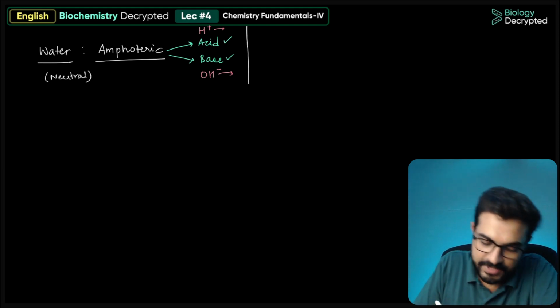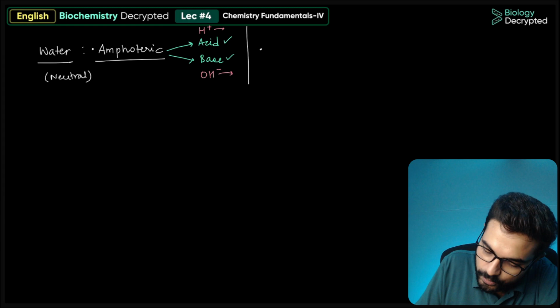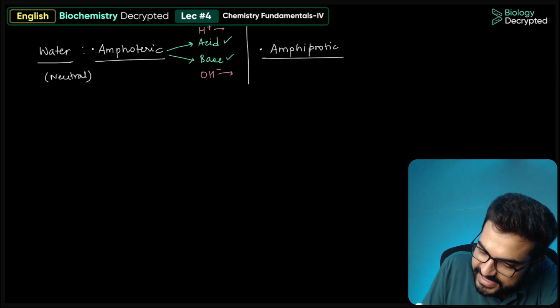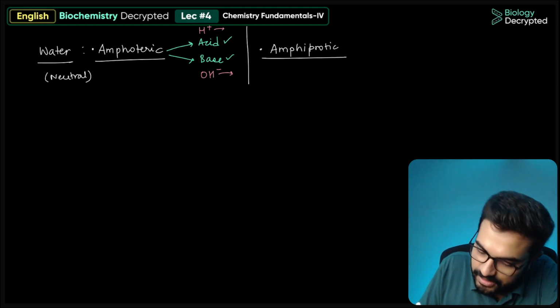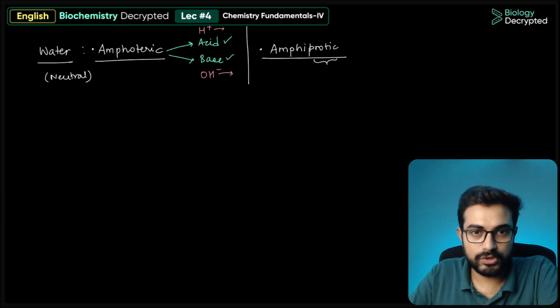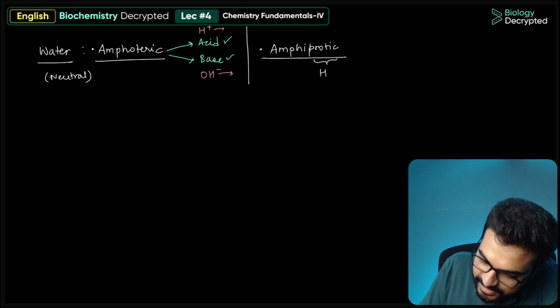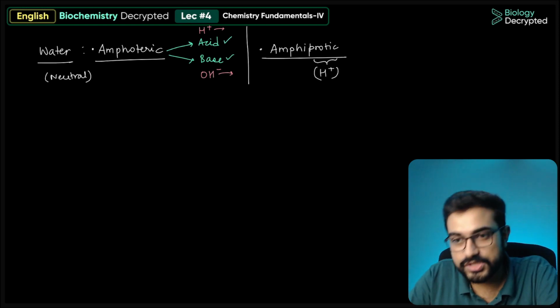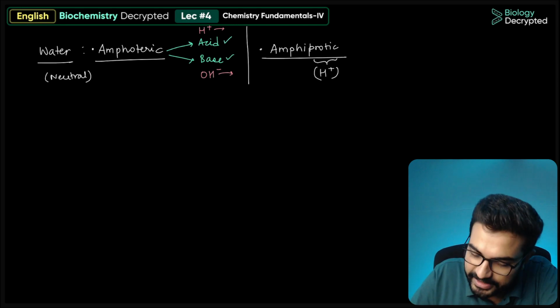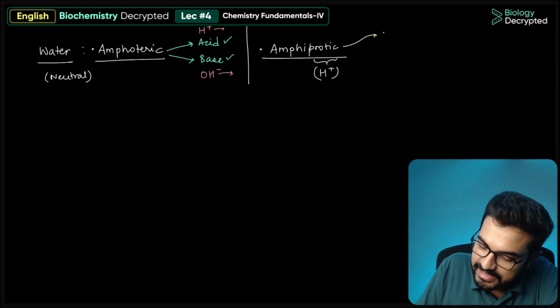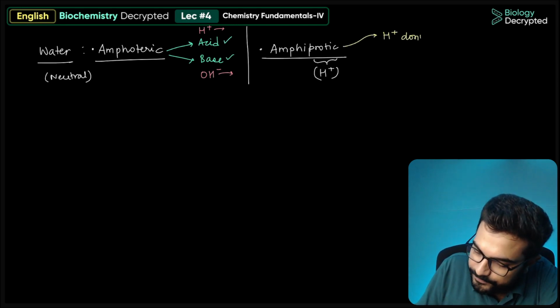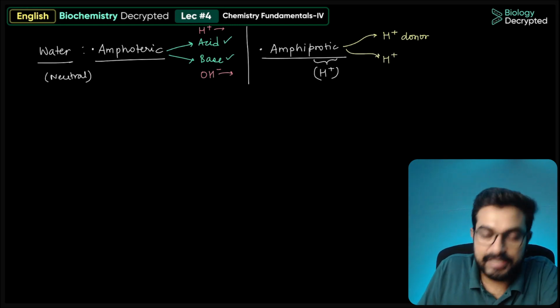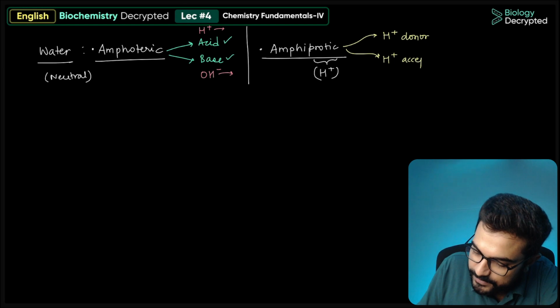Now, there is another property of water, that water is amphiprotic. As you can see, amphi means both, and protic obviously refers to protons. Water can act as a proton donor, as well as it can act as a proton acceptor.